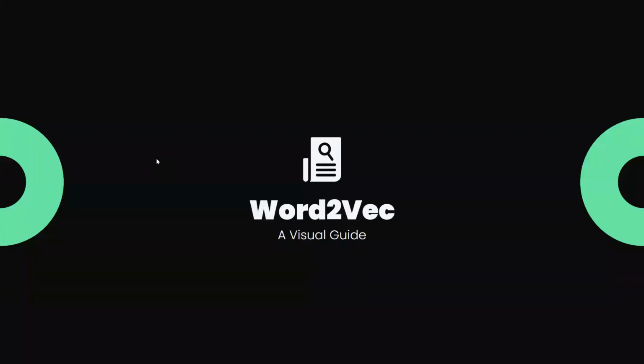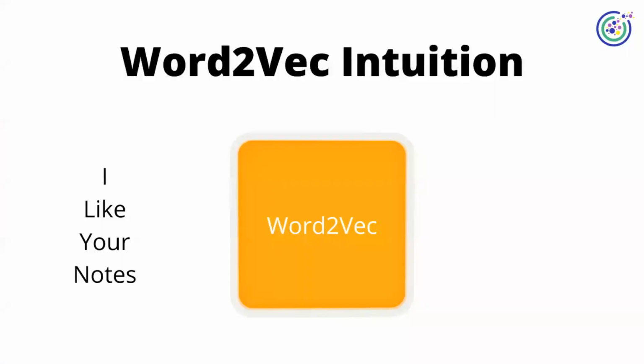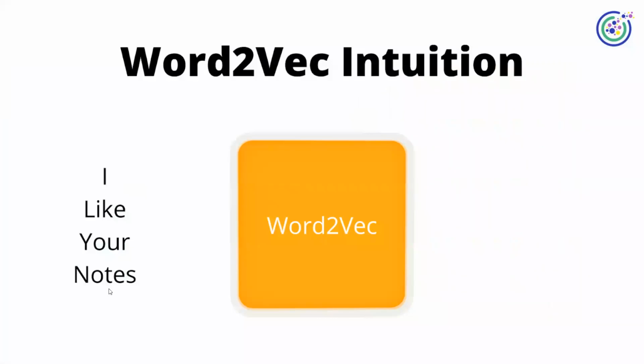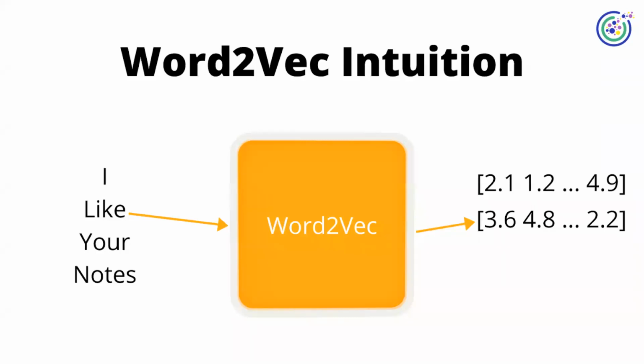So let's see how word2vec actually works quickly. The intuition is that I have a sentence: I like your notes. It's going to take one word, I, and output a vector corresponding to that word. Same with like: it's going to take it as input and then output its vector.